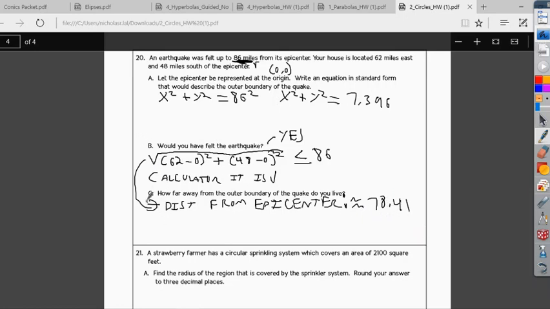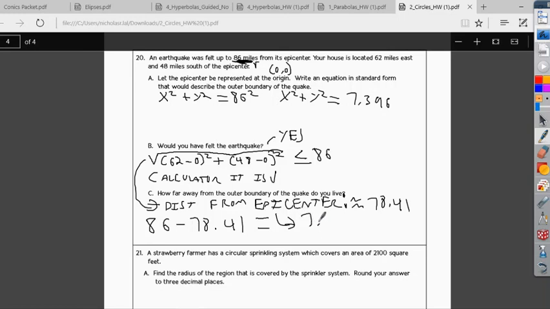So how far away from the outer boundary? We're going to have 86 minus 78.41. That's going to be 0.59. That gives us 79. That's going to be equal to, not 79, because 0.59 gives us 79.